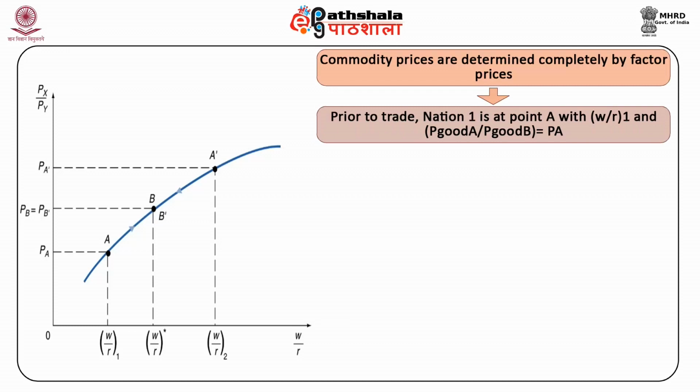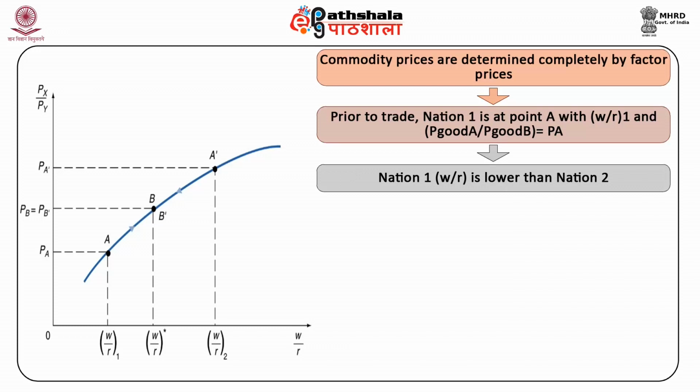Prior to trade, nation 1 is at point A with W by R1 and P good A upon P good B equal to PA. Nation 2 is at point B with W by R2 and P good A upon P good B equal to PB. Since we are measuring in terms of the labor-capital ratio, nation 1's W by R is lower than nation 2's, and hence PA is lower than PB.